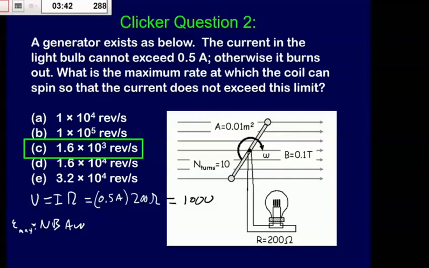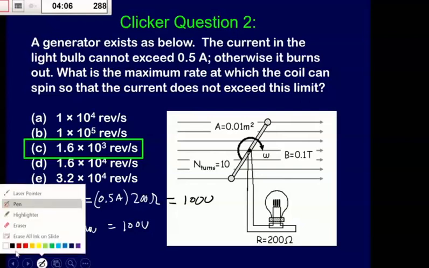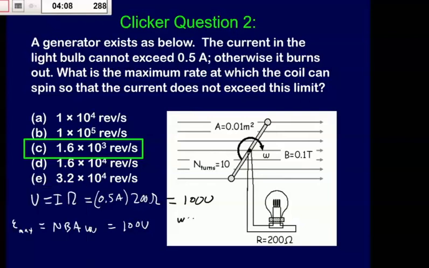So E max is NBA omega, and we want to set that equal to 100 volts. I'm sorry, I'm having trouble writing this legibly. If you solve for omega, you get omega equals 1 times 10 to the 4 radians per second.